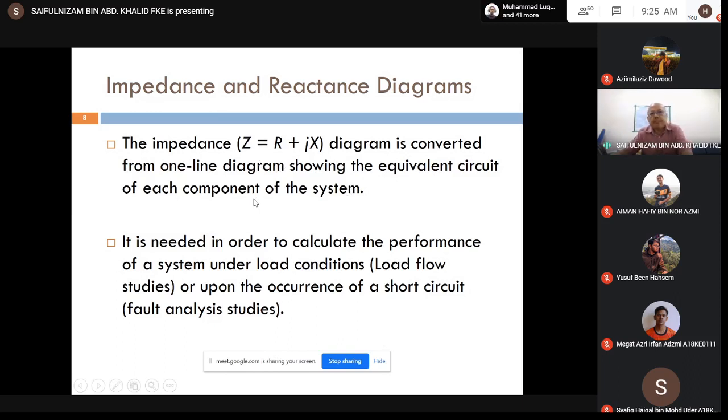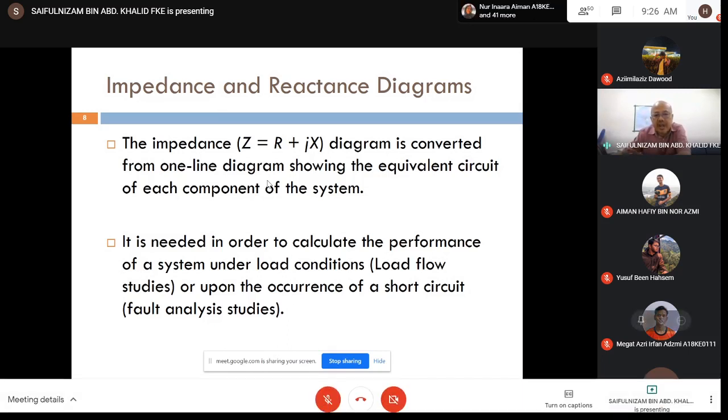In the impedance diagram, each component is represented by its equivalent circuit. For example, the synchronous machine or generator is represented by a voltage source in series with the effective resistance and the inductance.